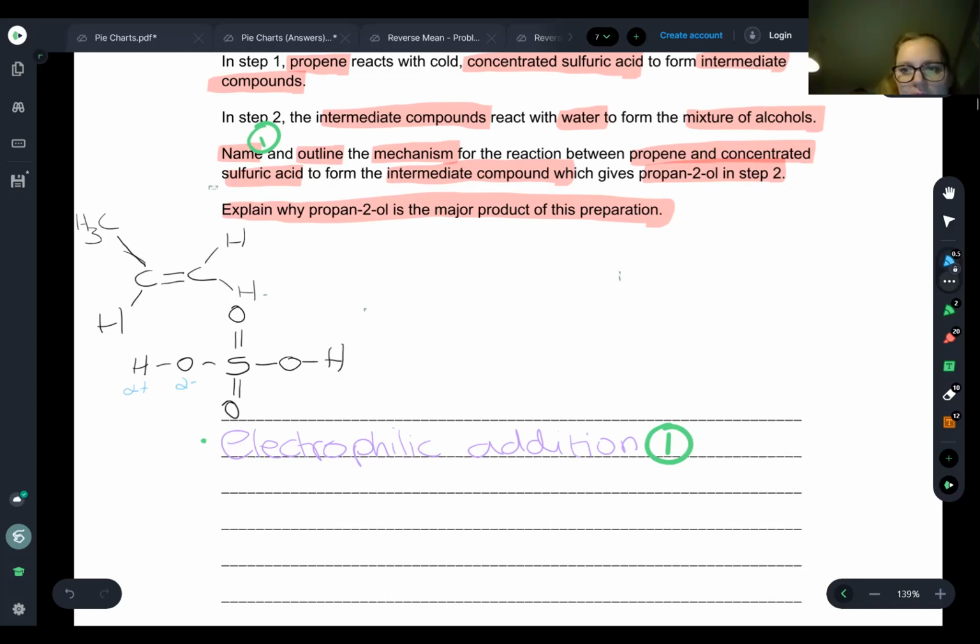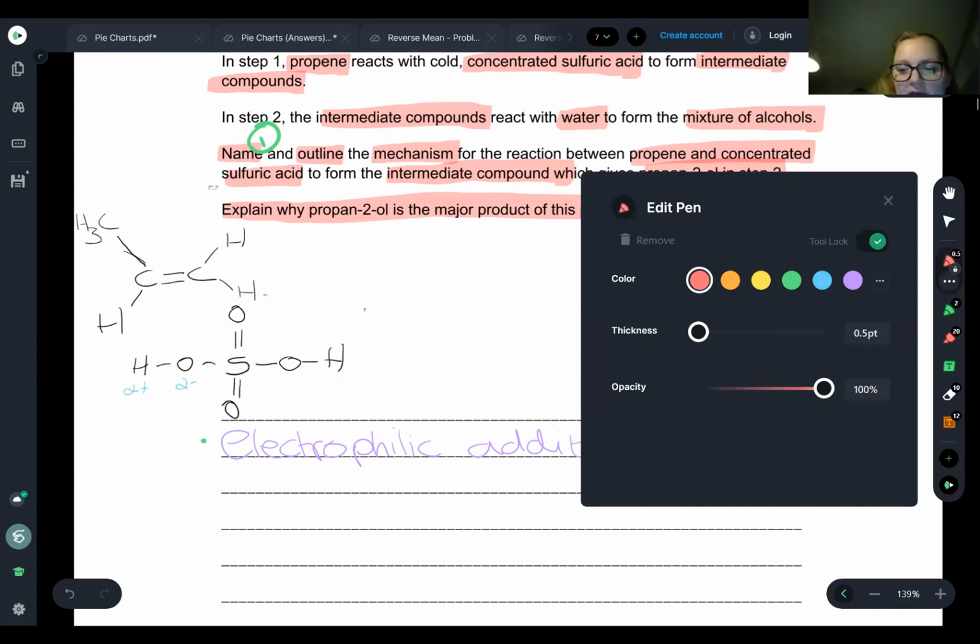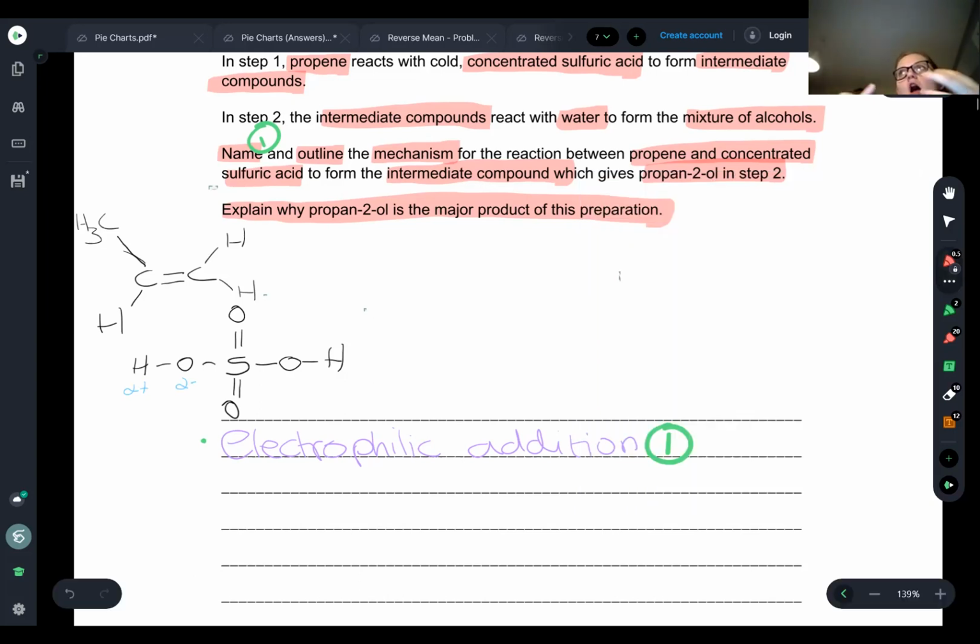What is going to happen is, because of the electron density around that carbon-carbon double bond, and the slight negative charge of the oxygen and the positivity of the hydrogen, because sulfuric acid, as we said, is a polar compound because of that OH group, we've got that electron density up here.